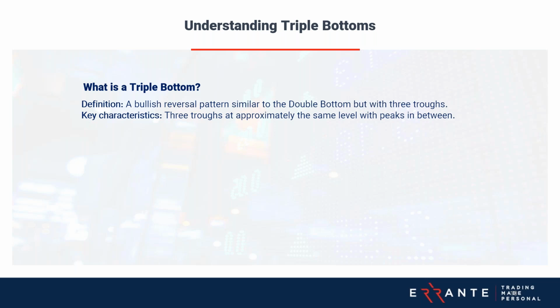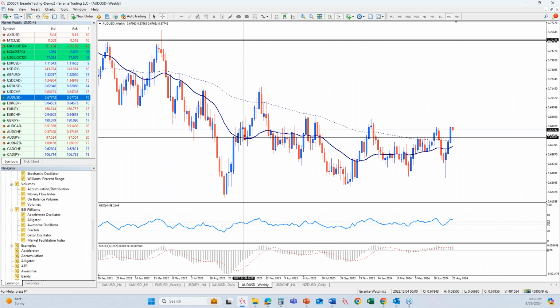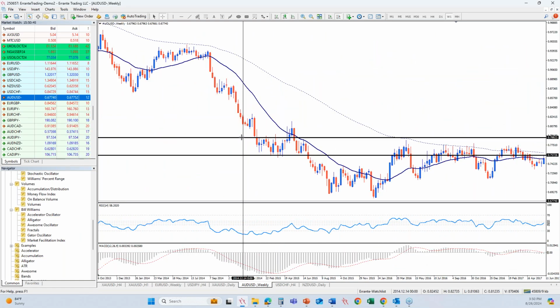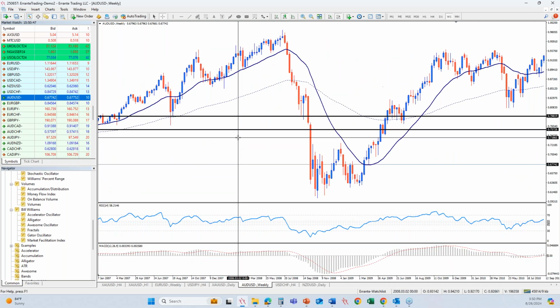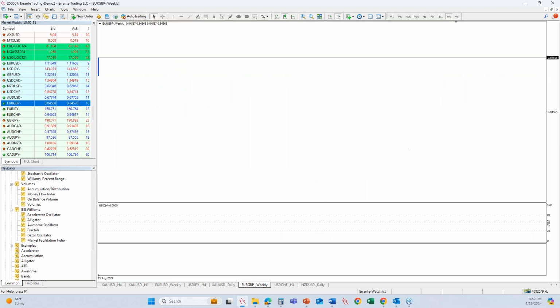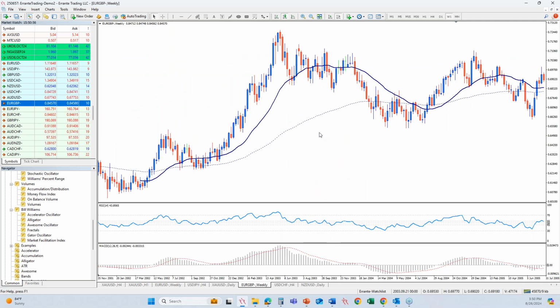And it's more reliable than the double bottom because we see more attempts and more fails from sellers. So that can add to the odds of reversing the market. For example, we can find an Euro GBP weekly chart.